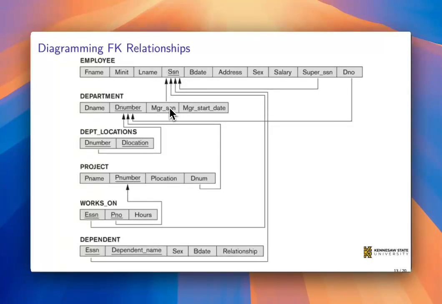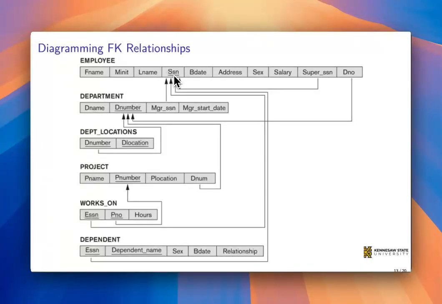So that means that manager social security number in department has to be null, meaning that the department does not have a manager, or it has to have a value that is present in the relation for employee as a social security number. So it has to reference a particular employee. It can't reference an employee that doesn't exist.